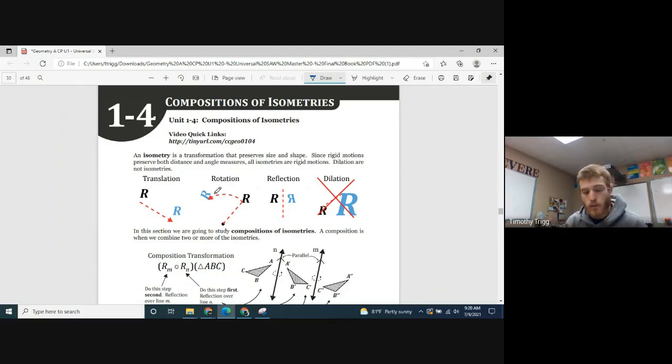These are all different things you can do to a pre-image to create an image. This is what we call a composition. It's multiple transformations, and when we put them together, we call it a composition of transformations, so a composition of isometries.